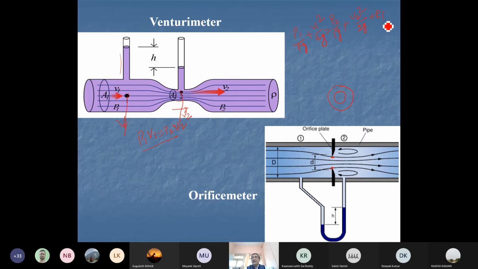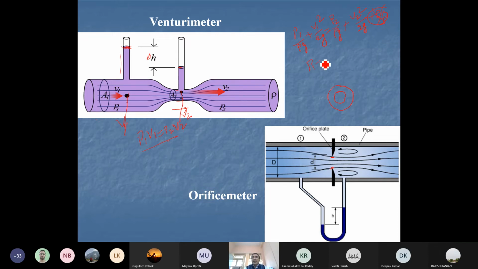Neglecting the head loss due to friction and having the same reference level for these 2 points, Z is also cancelled out. Now if we want to measure the head difference, because it's a clear head difference, you can see here it is delta H basically.